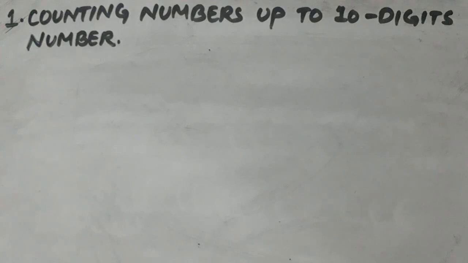In previous class, we studied about smallest and greatest numbers of some digits. In today's class, we will learn about place value table and the number name. So let's take a number.